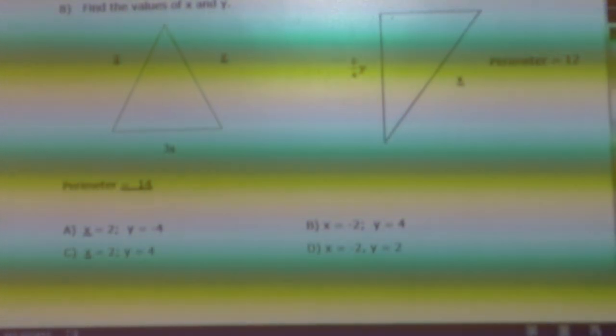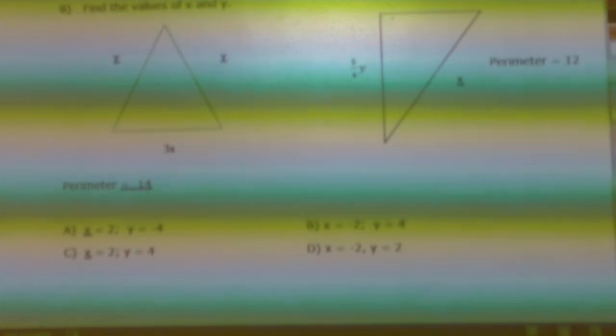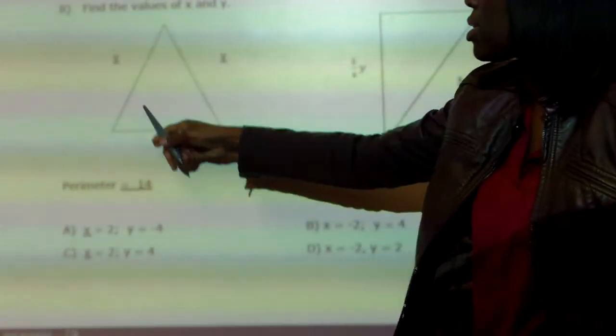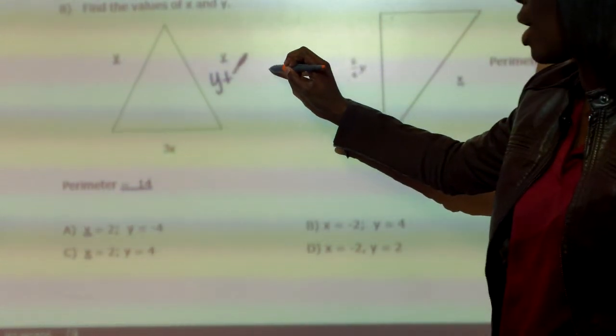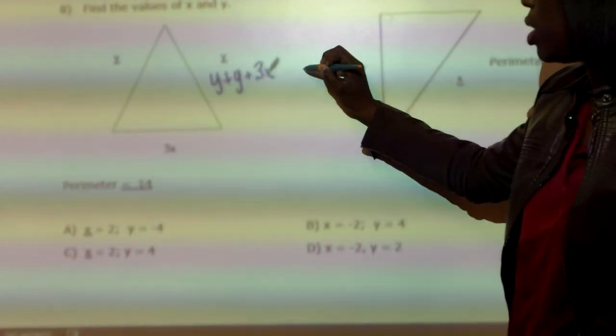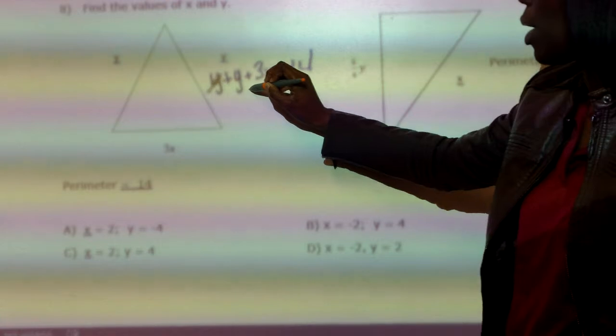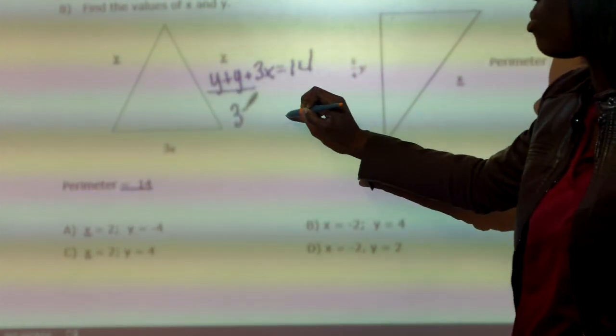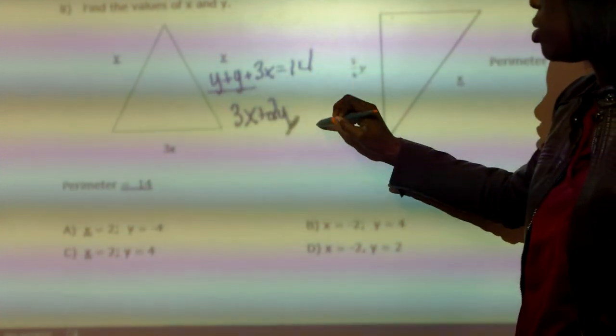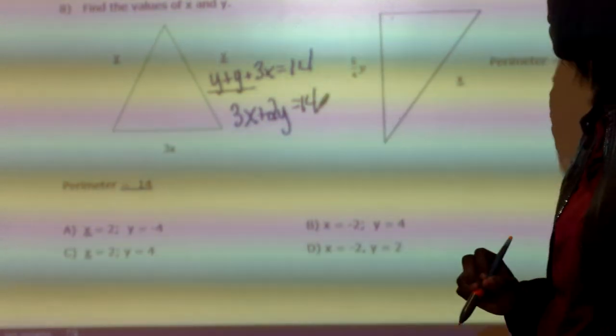Here's number 8. On number 8, it says find x and y, gives us the perimeters. What does perimeter mean? All the edges. Add all sides, so we're adding y plus 3x equals 14. Combine like terms, this equation is just going to be 3x plus 2y equals 14.